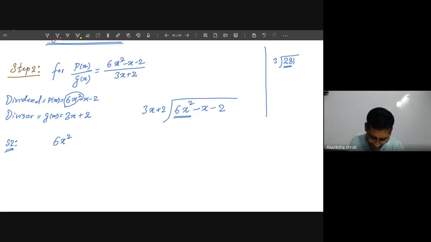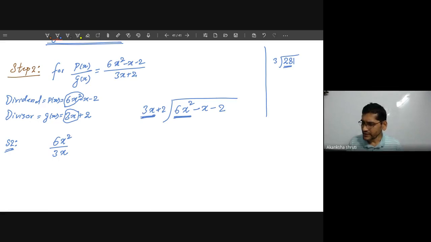The first term of the dividend is 6x square, and this has to be divided by the first term of the divisor. What is the first term of the divisor? It is 3x. You have to just take the ratio of these two only, the first term of the dividend by the first term of the divisor.